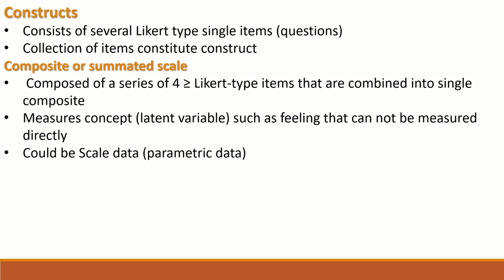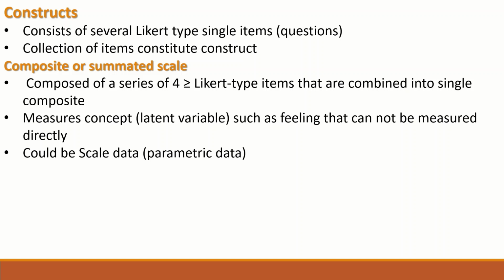There is also another terminology called composites or summated scale. It's composed of 4 Likert items combined together into a single composite. So combining the answers, a selection from 4 Likert items, into one composite is called a summated scale.